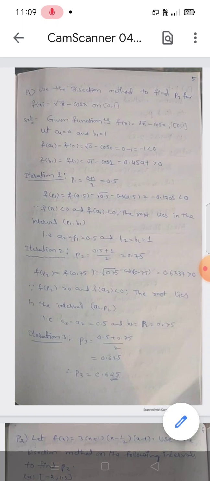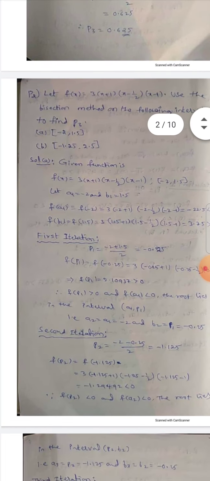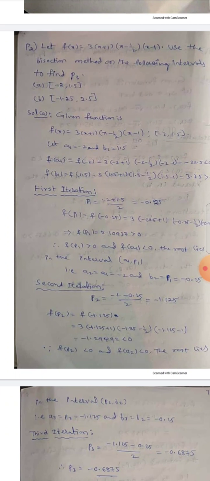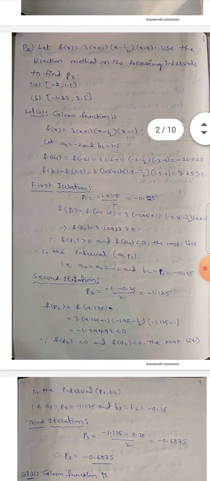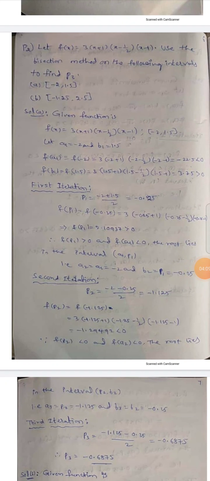Okay, repetition doesn't matter. Next problem, p2, that is practical 2. Let f of x is equal to 3 into x plus 1 into x minus 1/2 into x minus 1.